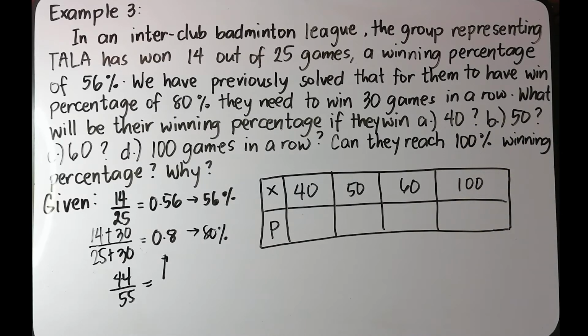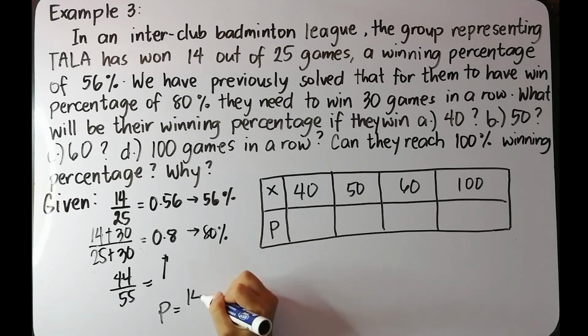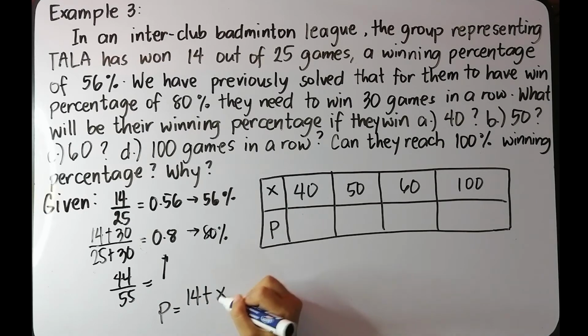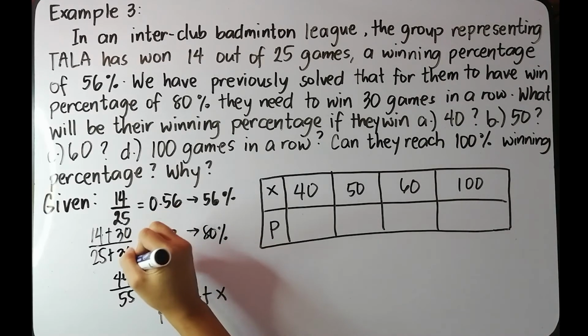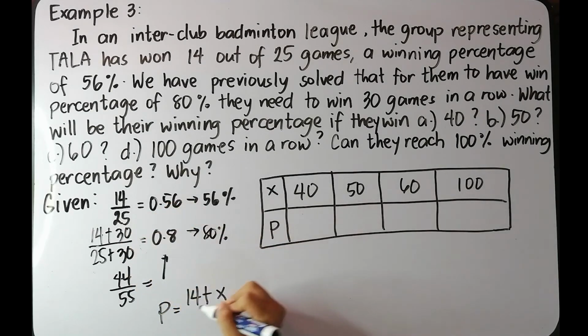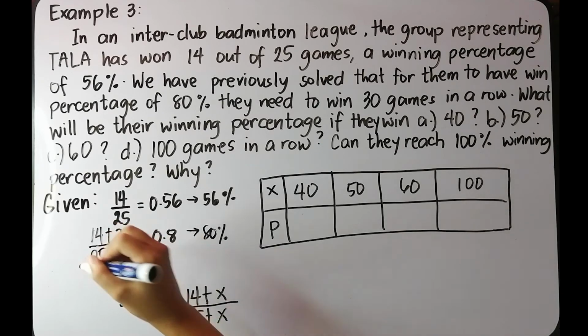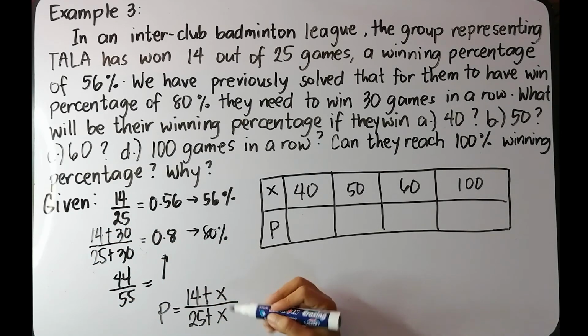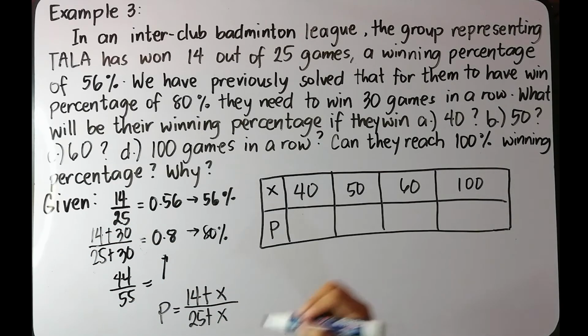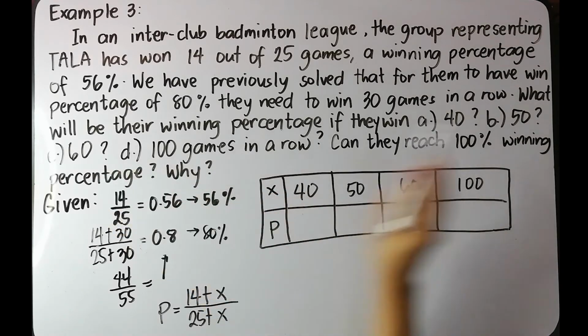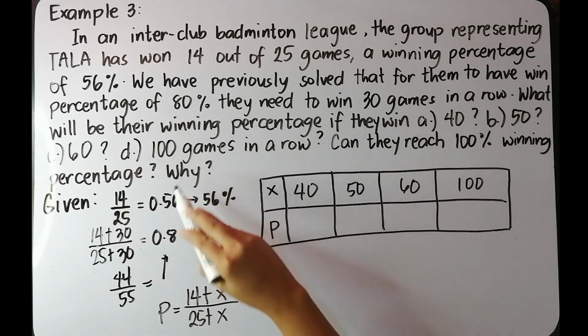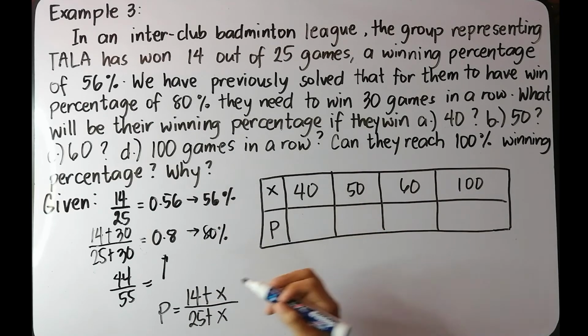So how can we compute the winning percentage? The winning percentage is equal to 14 plus X, the number of games in a row, over 25 plus the number of games in a row. So we are assuming here that the next 40, 50, 60, and also 100 games in a row, they're going to win.